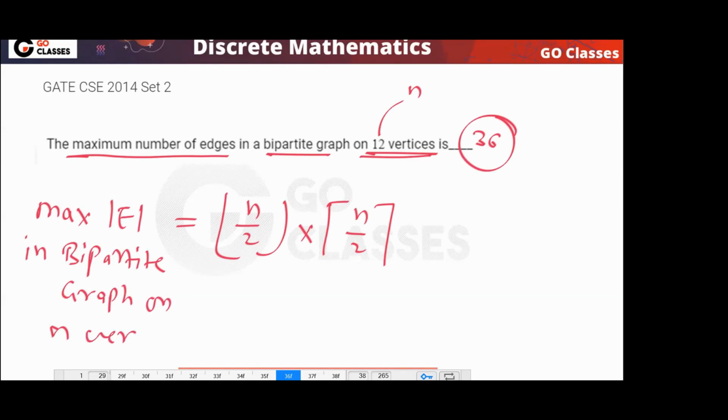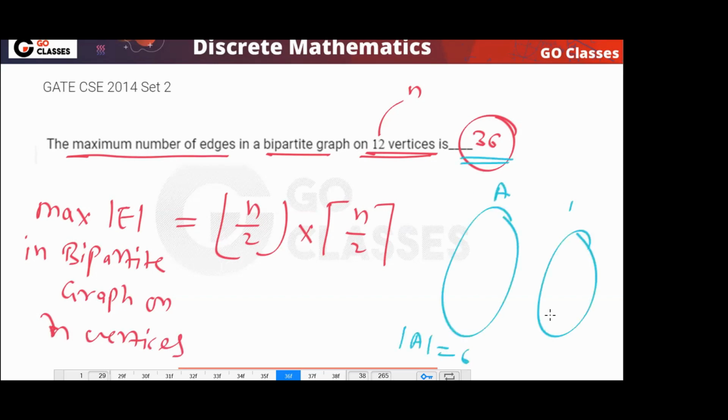So very simple question. Okay, so if you want to get this 36, then what you have to do? You have to put 6 vertices here, and you have to put 6 vertices here. You will get the answer.